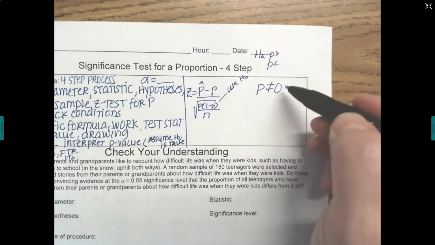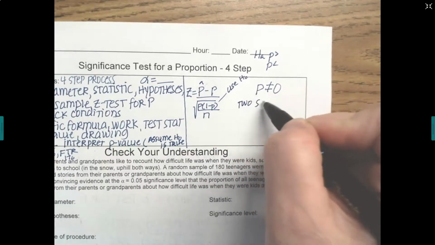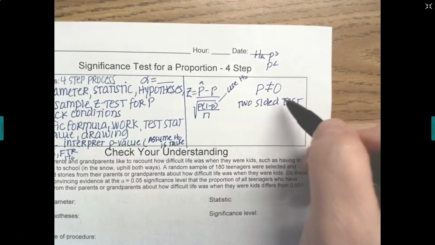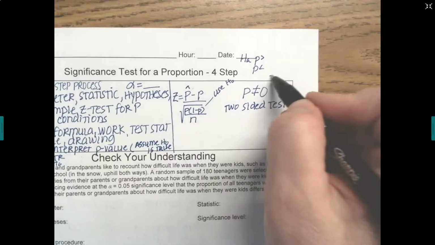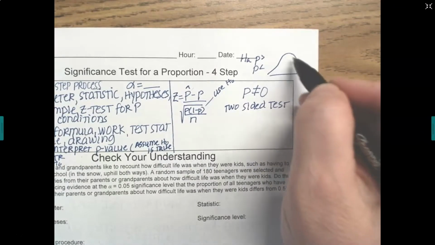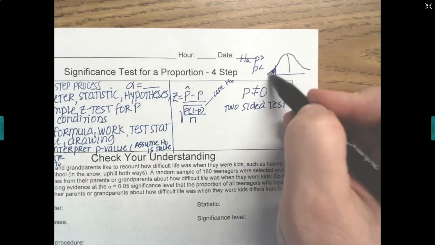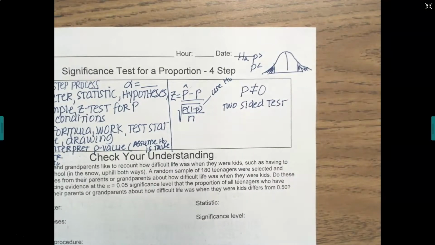So if P is not equal to, that means it's really a two-sided test. We don't know. They're not meaning one direction or the other. They're meaning both directions. So when you draw your picture, you're going to have your mean down here in the middle, and you're going to end up saying, I want to know the information for both of those areas out in the wings.